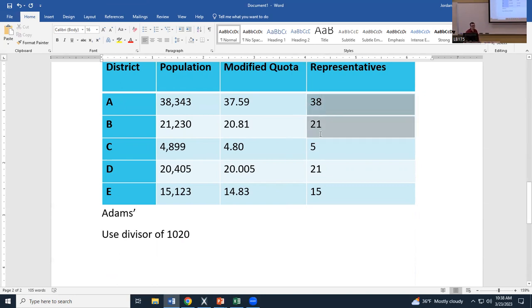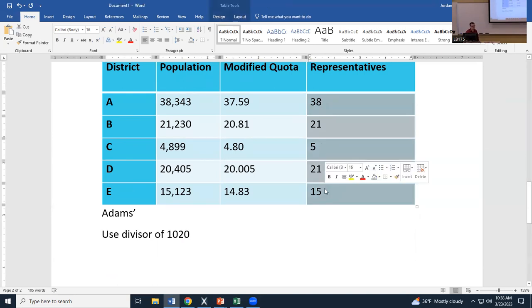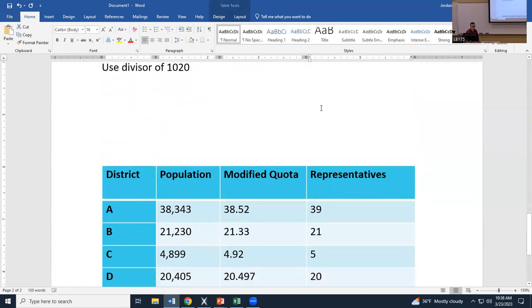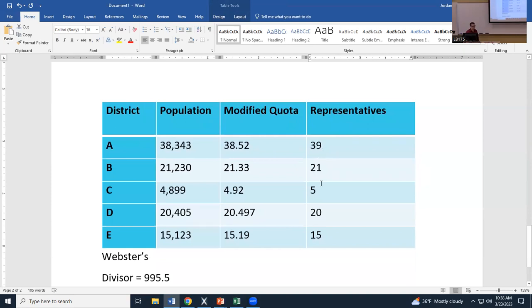By the way, notice this allocation is different than Webster's. In Webster's method, D had 20 representatives, and I believe A had 39 representatives. See that? So between Adams's method and Webster's method, A and D swap.